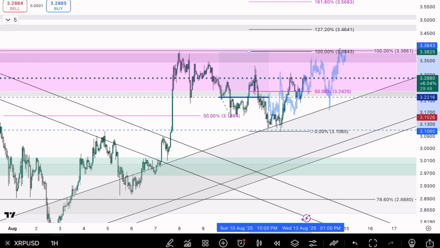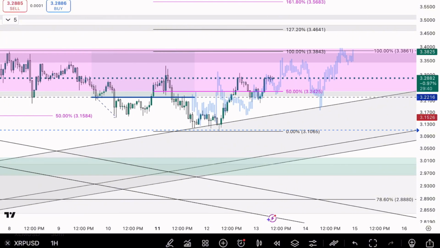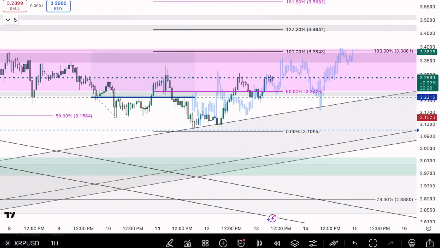But that's something that it could possibly do, and I would just see. So, let me see something else. If I was doing little small trades off of XRP, I would have gotten in right here.